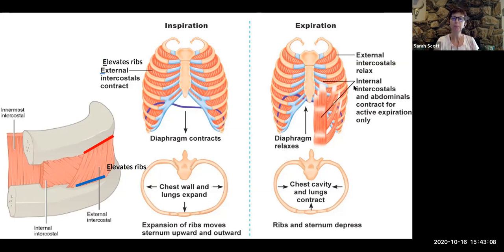So the type of expiration that requires the internal intercostals is not your normal breathing. It's when you force out more air than normal. So think about blowing out a birthday cake with 50 big candles on it. You can't just go and put it out. You have to really work and push that air out.